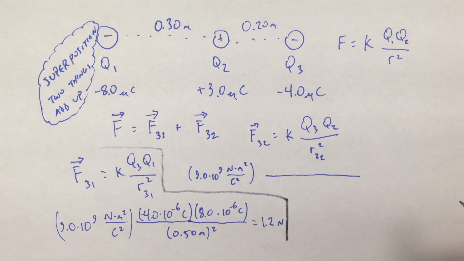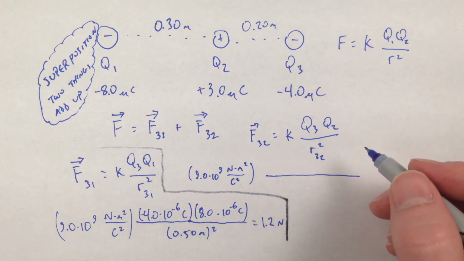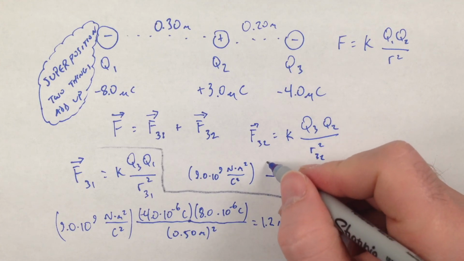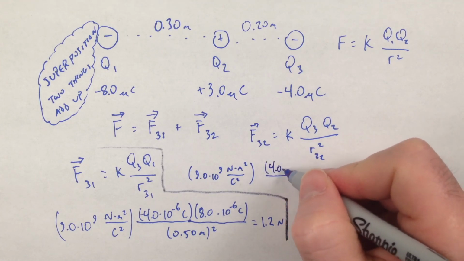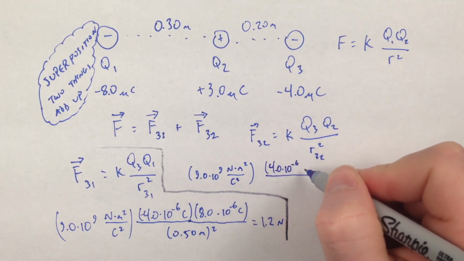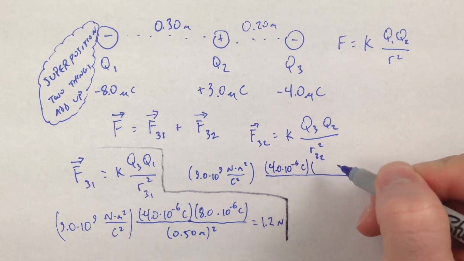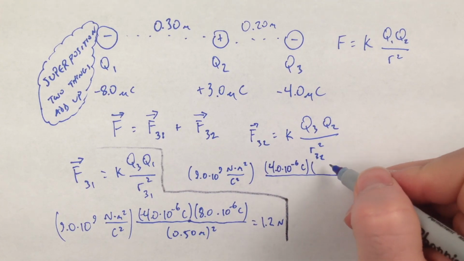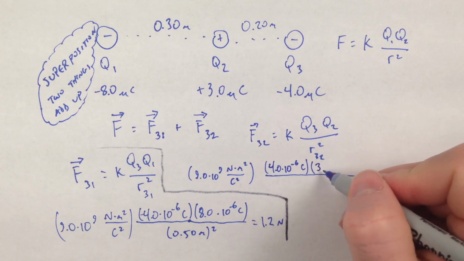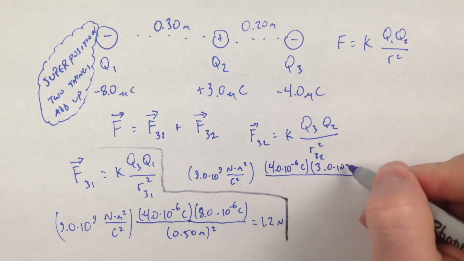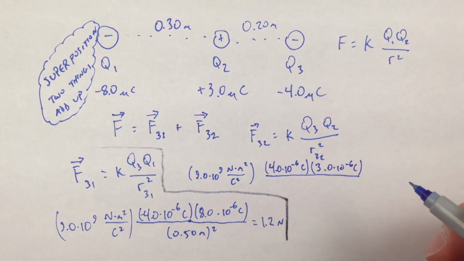Okay, so charge 3 was that -4. Charge 2 is this +1. And the distance between them is only 0.2.